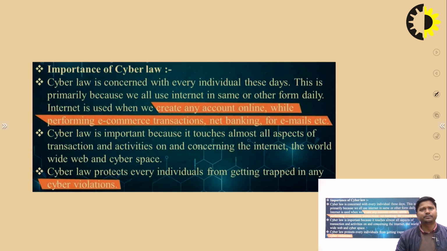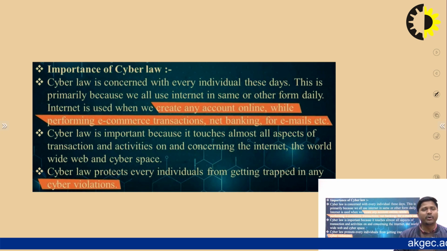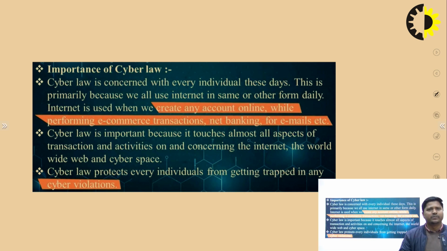What is the importance of cyber law? As we know, it protects your privacy from cyber attack. Cyber law is connected with every individual these days, because we are doing all the activities online, like payment, text, video call, message and voice call.